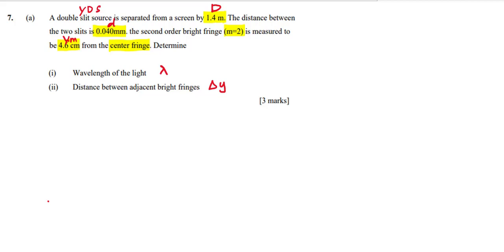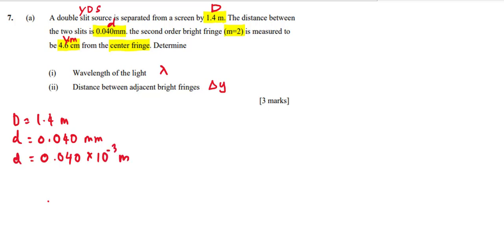Okay, let's take out all the information that is given here. We have D equals 1.4 meter, and d equals 0.040 millimeter. Now we have to change it to meter. That's 0.040 times 10 to the power of negative 3 meter, right? And then we have the order, second order bright, that is m equals 2.